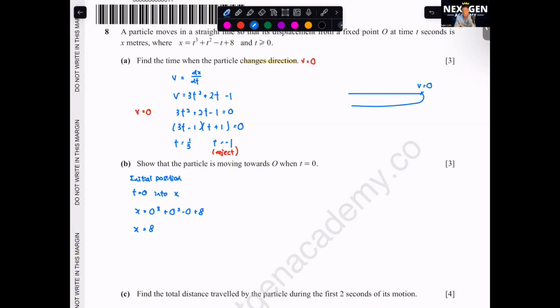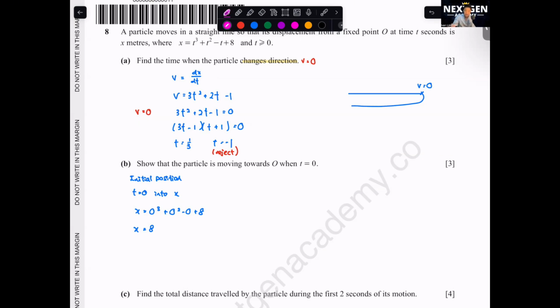Is 8 meters the distance travelled? No, it's that when we start the timer at t equals to 0, the position, remember, displacement is about position.